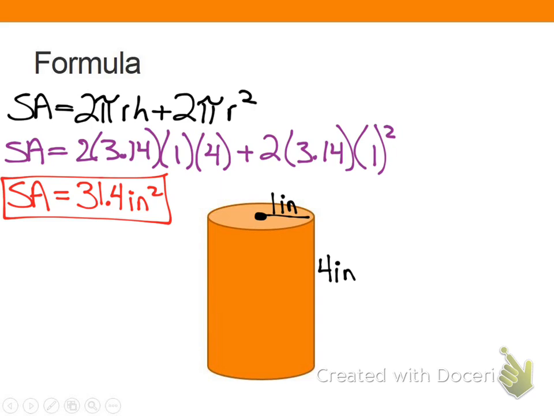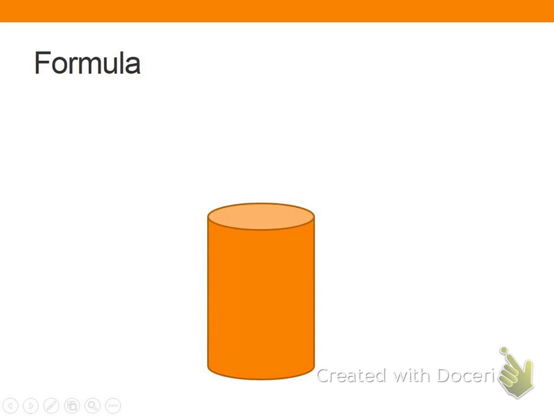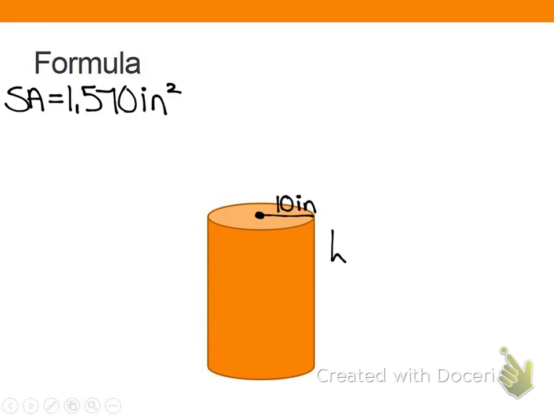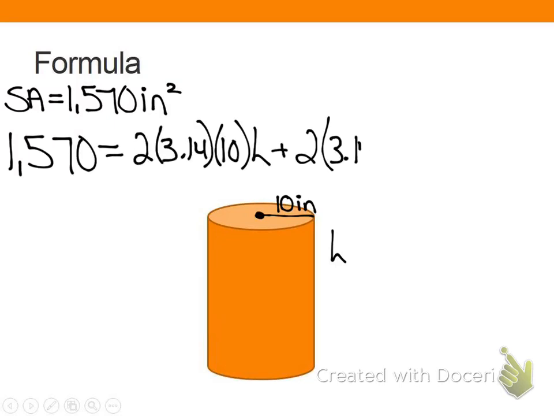So that's surface area of cylinders, but what if we don't know the height? Now we have these dimensions, and we're solving for the height of the cylinder. Go ahead and try that one. When we make our substitutions, there's our h right in the middle of all these other numbers.